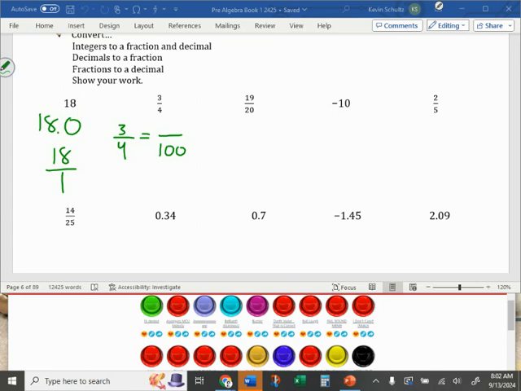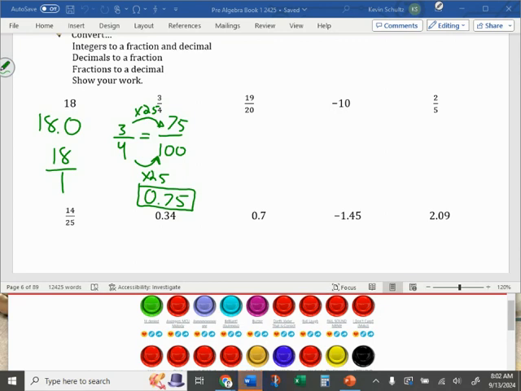Quarters. Yeah, so our scale factor here is 25. 4 times 25 is 100. 3 times 25 gives us 75, right? And so our decimal value is 0.75. 75 hundredths, 75 over 100, 0.75.